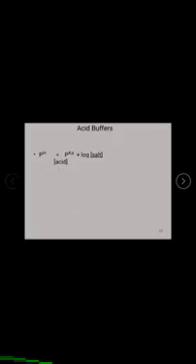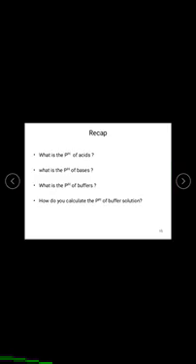When we add a base solution to the neutral solution, the pH value increases. So when adding a small amount of acid or base to the neutral solution, the solution pH value may change.